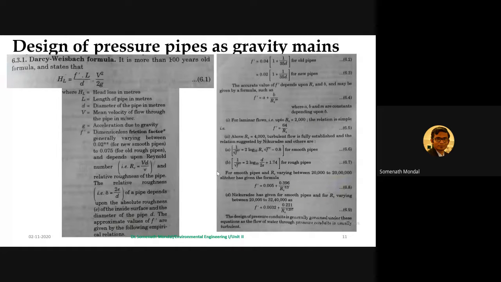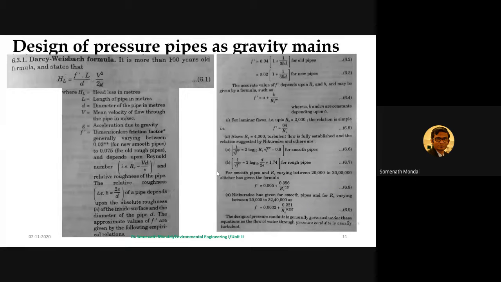For smooth pipes and Re varying from 2000 to 20 lakhs, Blasius has given a formula, which is also given here. You can see f dash equals, so 6.8, we have shown that formula. Now Nikuradse has given a formula for smooth pipes when Re varies from 20,000 to 34 lakh 40,000.